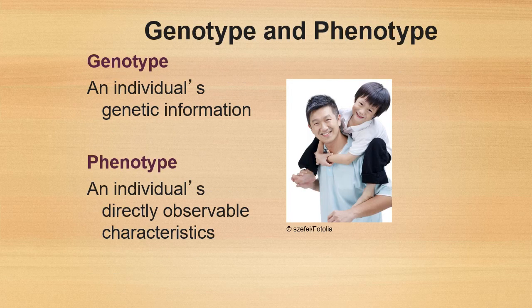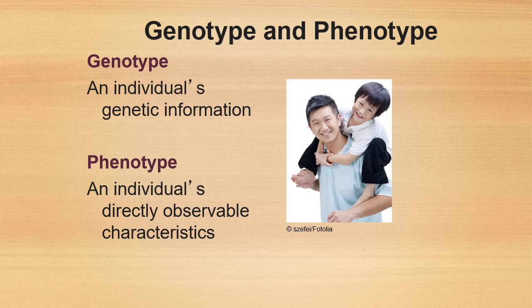Remember, we have 46 chromosomes and 20,500 genes. That's a lot of genes, right? So it's a lot of combinations that makes us so unique and different. Remember that a genotype is an individual's genetic information, what you were imprinted with when you came out of the womb.